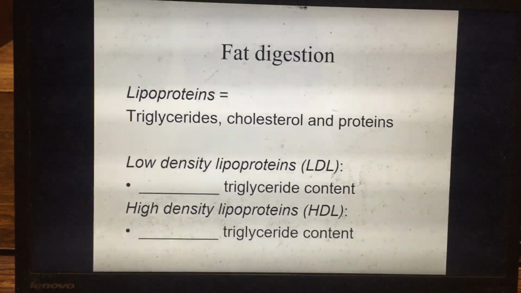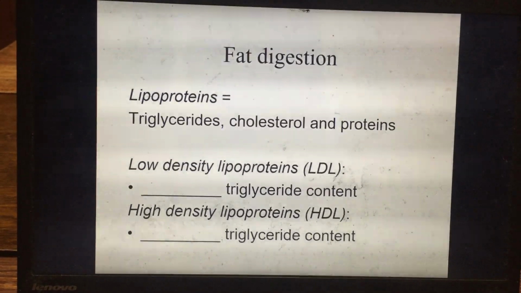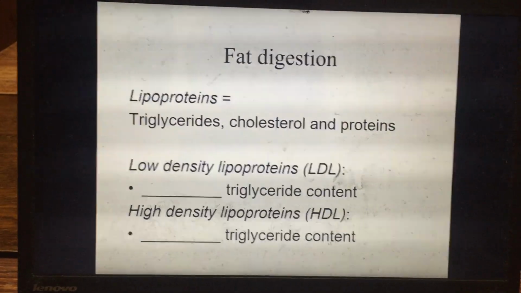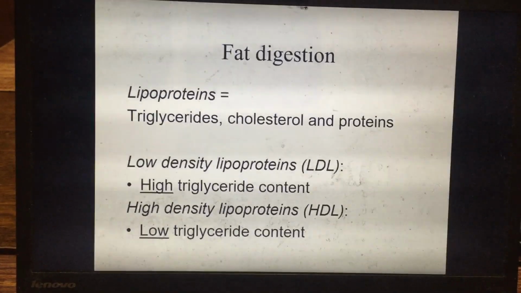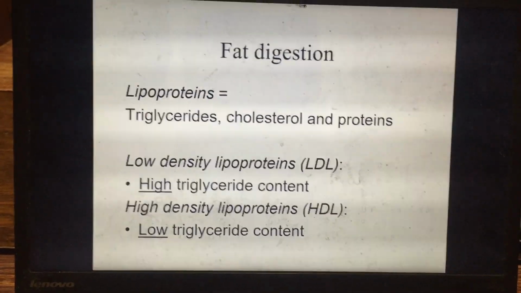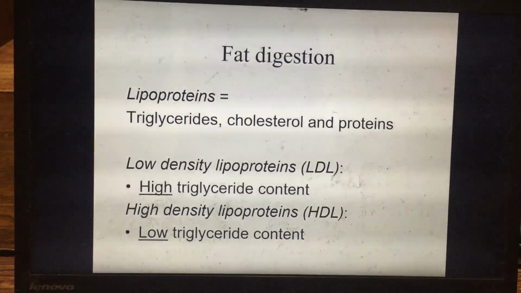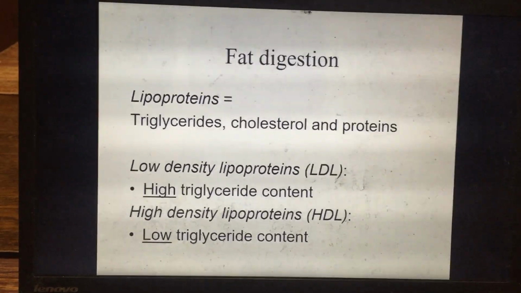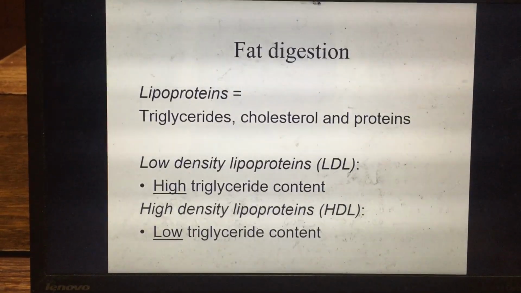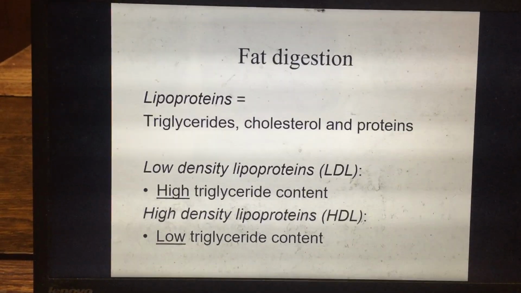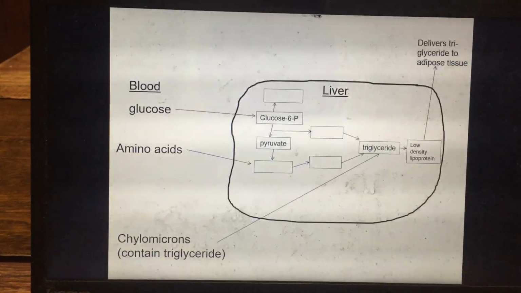Your lipoproteins are made up of triglycerides, cholesterol, and proteins. Low density lipoproteins have high fat content or high triglyceride content. That's what gives them a low density. The high density lipoproteins have a low triglyceride content, and that's what makes them higher in density.